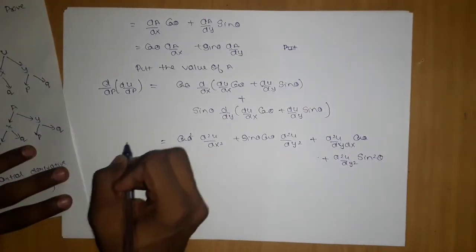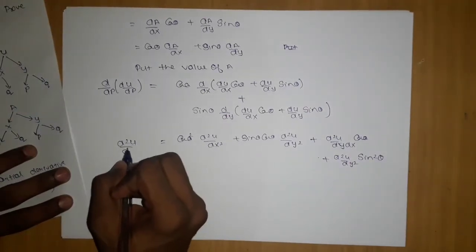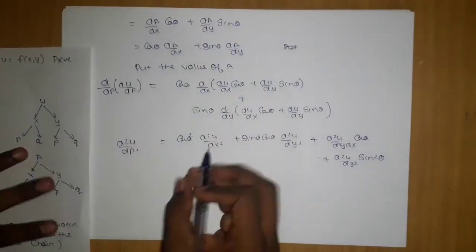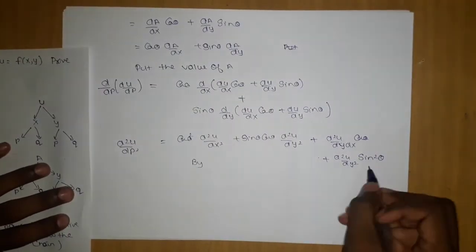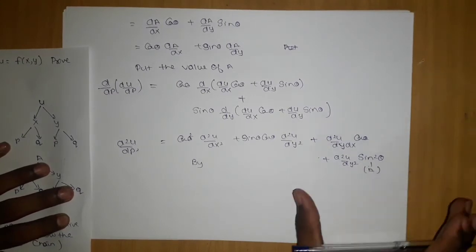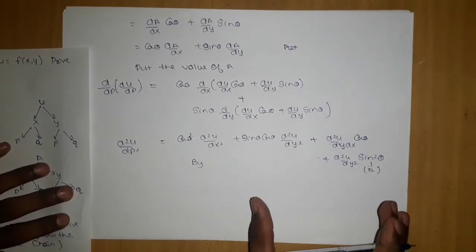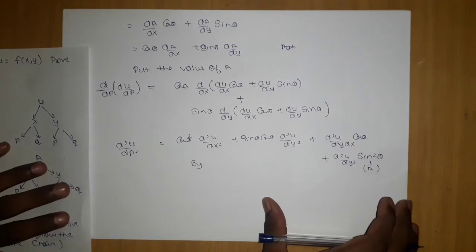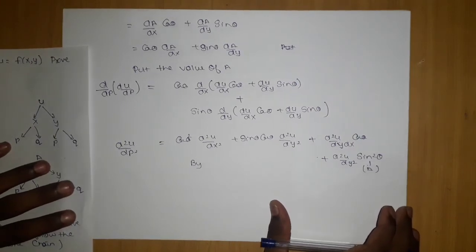So I'm getting this value as ∂²u/∂p², which was this thing. So I got my one thing. Now by chain rule I will call it as A, keep it as it is for the timing, and then we will see what we can do.